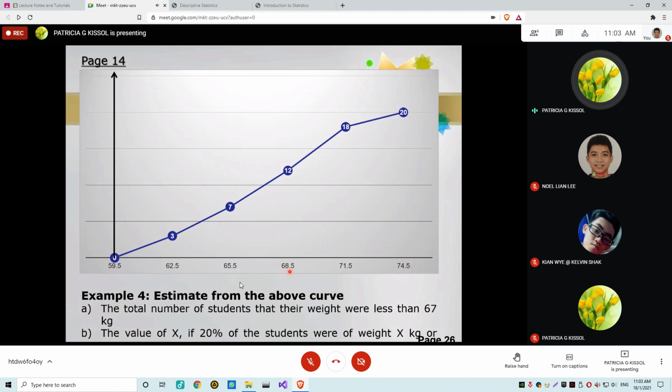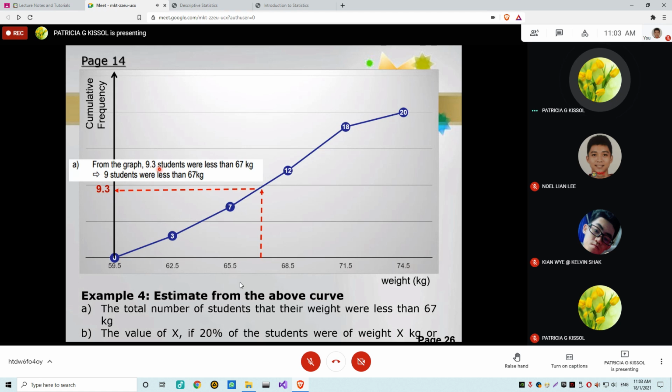You draw a straight line up until you reach the ogive, and you draw horizontally, that gives you 9.3. So from the graph, 9.3 students were less than 67 kg. Approximately 9 students, because you cannot classify students as 9.3, isn't it? So we just take the value of 9.